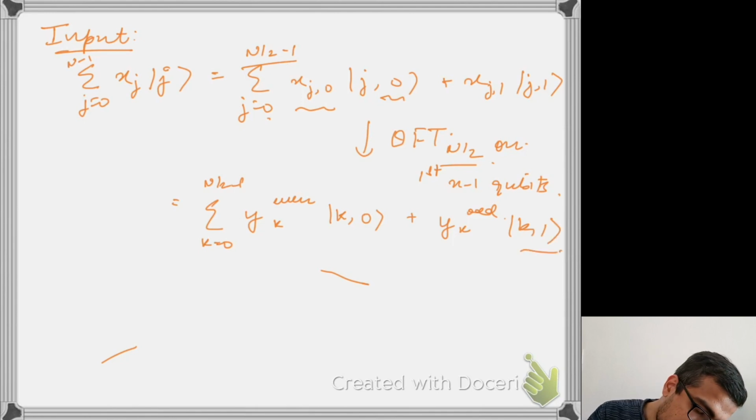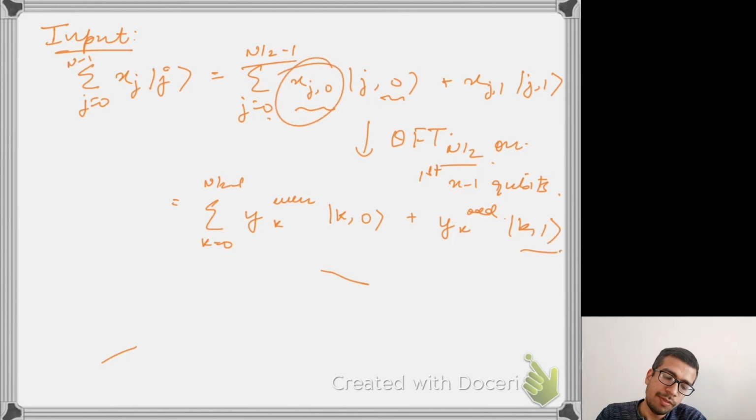So essentially I apply QFT on the first n minus 1 qubits. The last qubit is kept separately, and essentially from here I get sum over k yk even ket k, and here I get sum over k yk odd ket k. This ket 0 and ket 1 are kept separately.